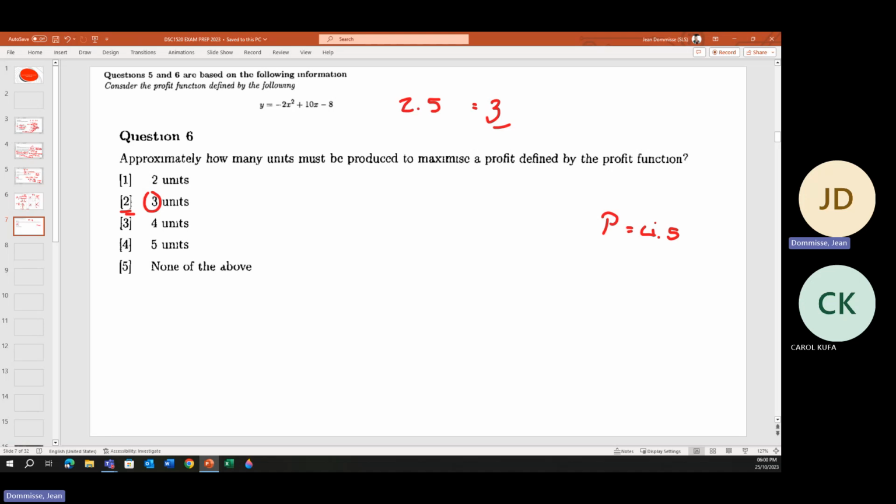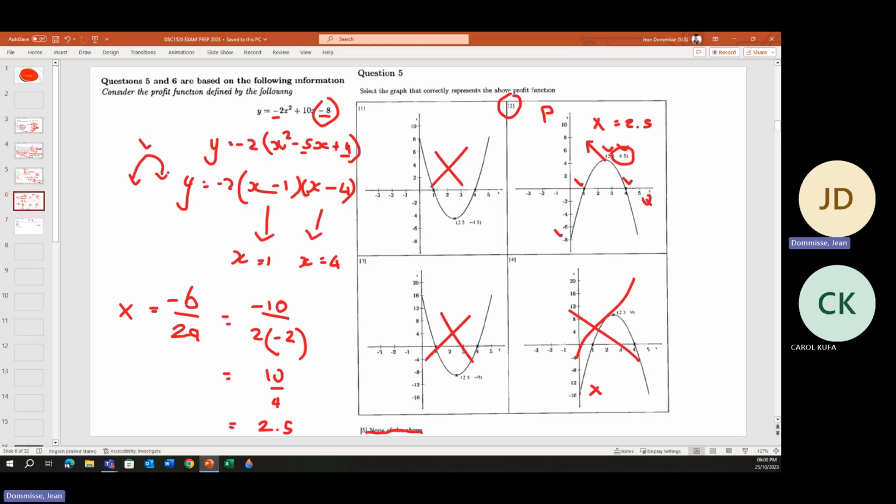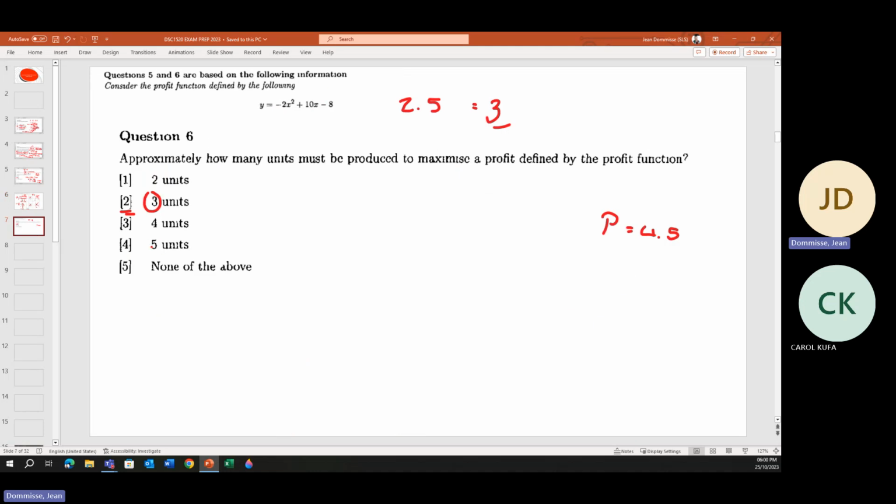Okay, so again, here they asked units, they could have asked price. So just make sure, because if you quickly look, you could have said 2.5, so 3 and 5, and then you might have said 5 units, but the 5 is actually going to be 5 rand. Okay, so just be, again, careful when you read the question and actually what they want from it.